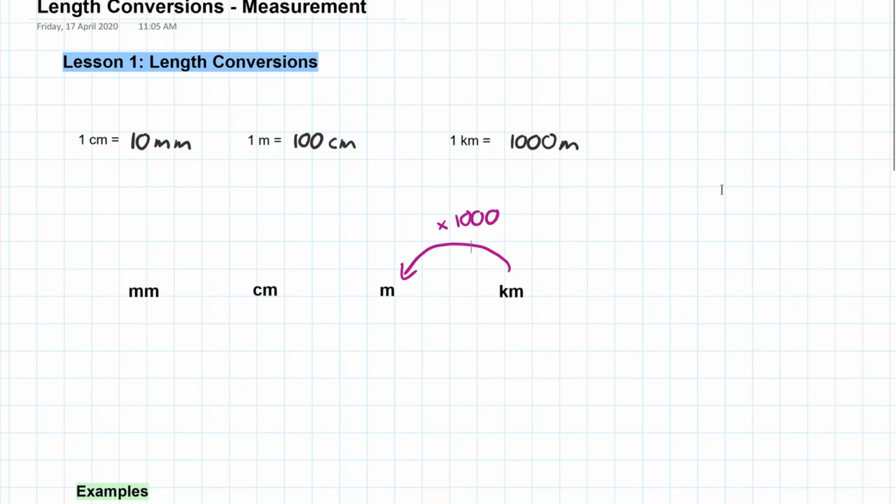Let's do the next one. Meters to centimeters is going from 1 meter to 100 centimeters. So 1 to 100, so we're timesing by 100. And the last one, to go from centimeters to millimeters, 1 centimeter is 10 millimeters, so that is multiplying by 10.